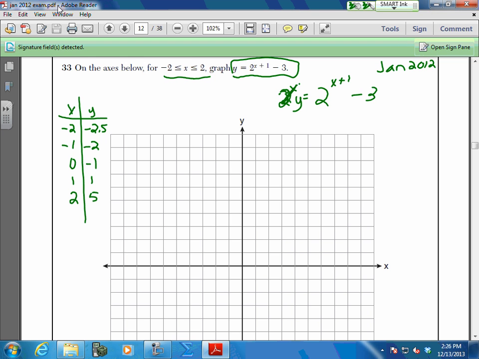So plot each one of those points. And just connect right in between here. That's the only part that they want. And there's your answer.